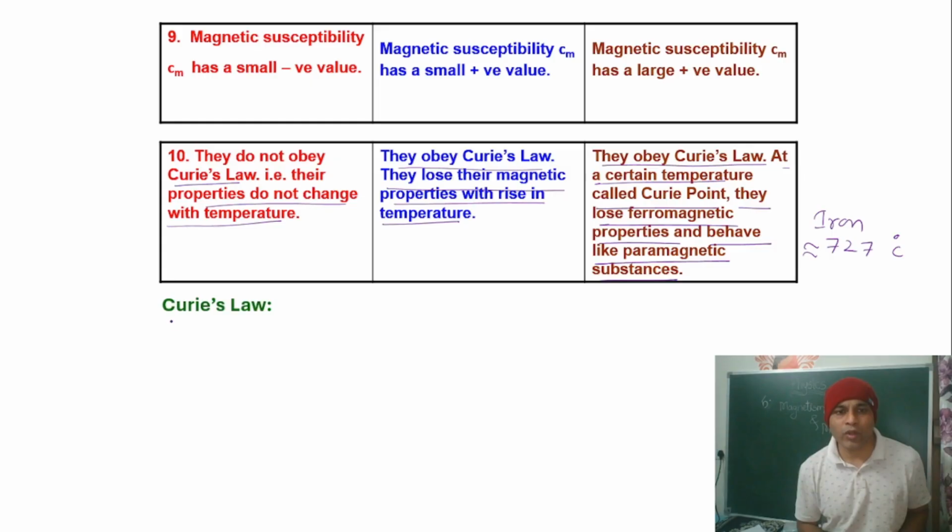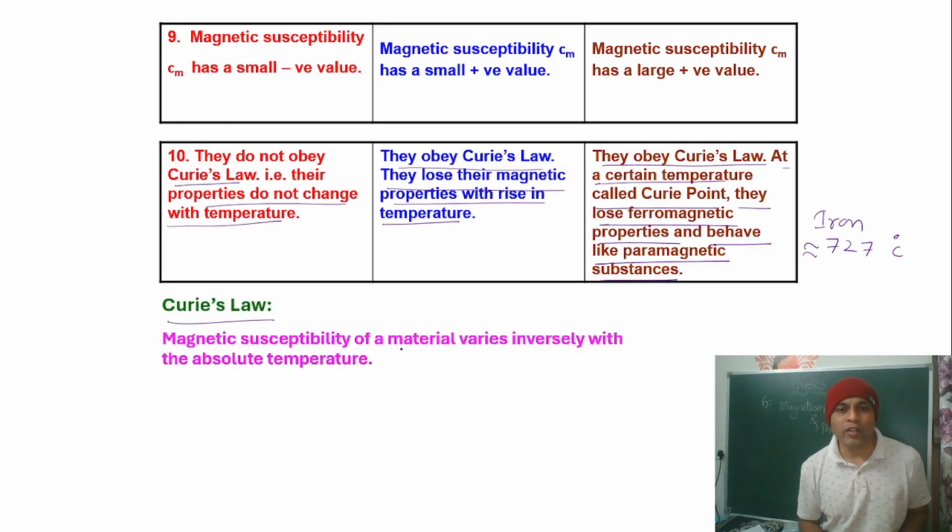Curie law says that the magnetic susceptibility of a material varies inversely with the absolute temperature. So I is directly proportional to H by T, so I upon H is directly proportional to 1 by T. How will it be written?